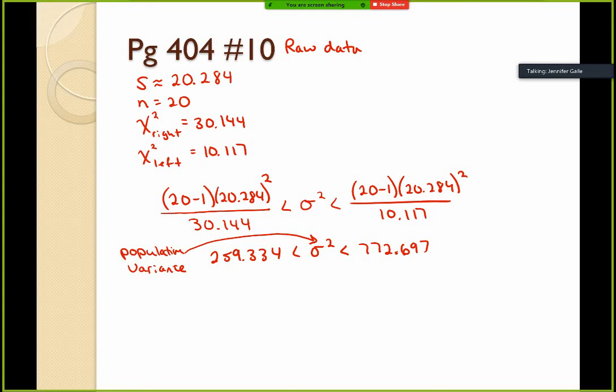Now, it also asks us to find the confidence interval for the standard deviation. I just have to take the square root of both sides. That's all you have to do.